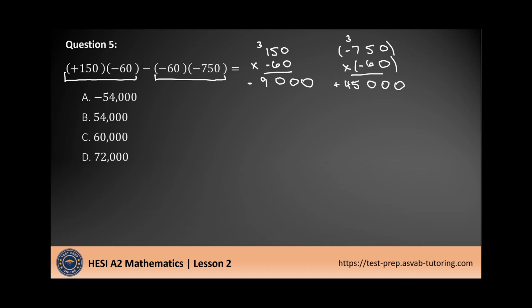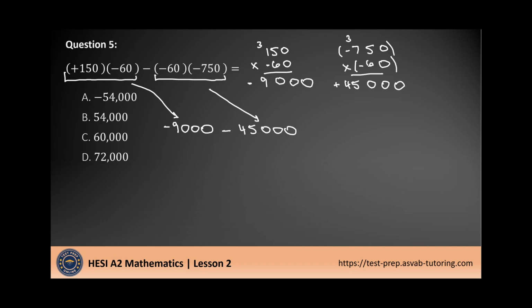So let's rewrite this as negative 9,000, this guy, minus 45,000, which was this guy. Right? So we're doing minus 9,000 minus 45,000. The way I like to think about these is a negative means we're stepping backwards, a positive means we're stepping forwards.